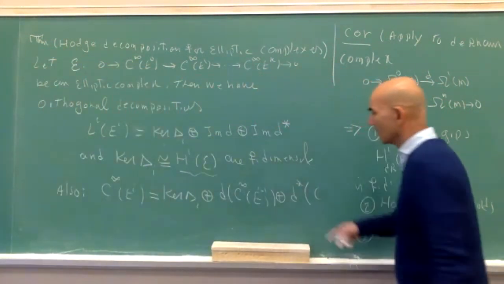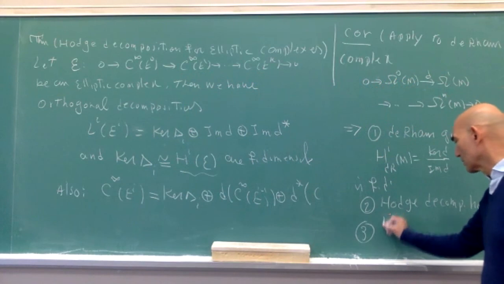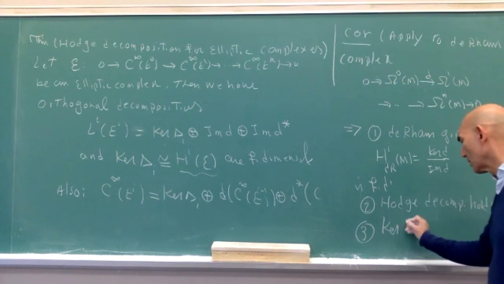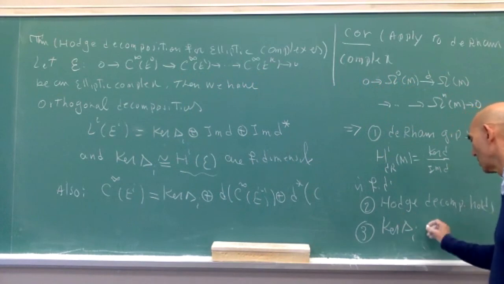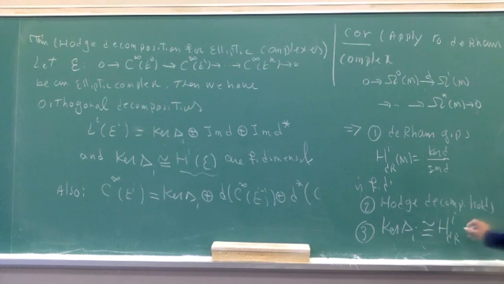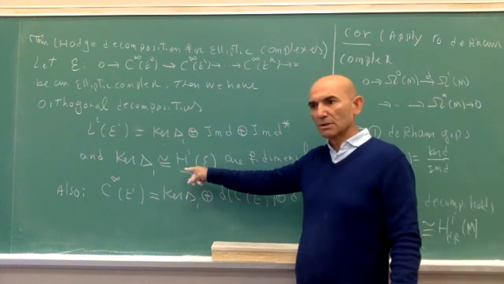So in other words, the kernel of the honest-to-God Laplacian is isomorphic to the ith de Rham group of N. This is just this statement in this special case.